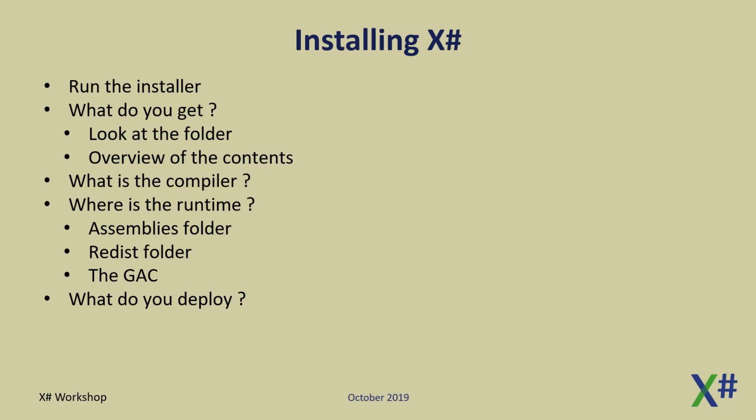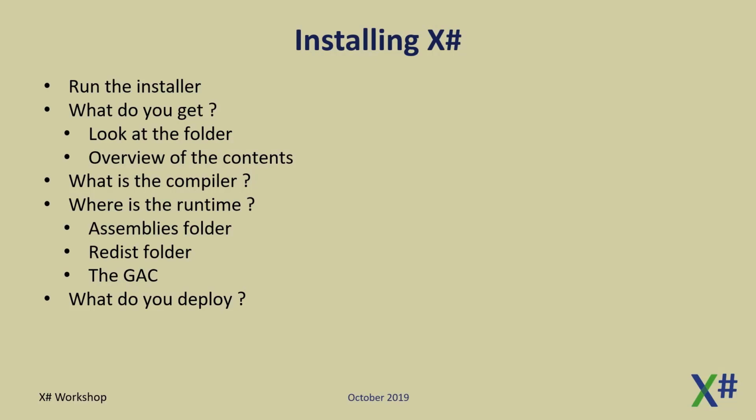I've looked a bit at the folders. You've seen where the compiler is. The runtime is in the assembly and redist folder. And on top of that, we've moved the runtime into the global assembly cache, the GAC. As FoxPro developers, you probably don't know what the GAC is. I think it was mentioned in Rick's session. It's, let's say, a big database of assemblies.